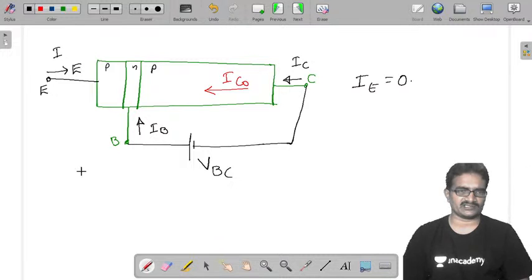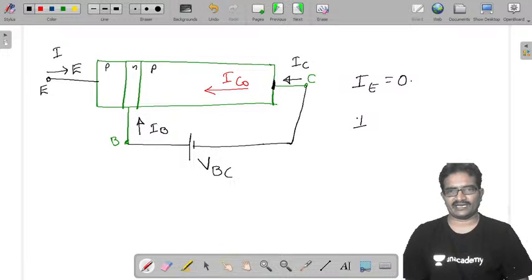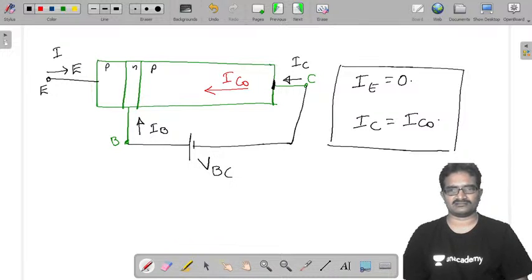The result of step 1 is emitter current is 0, and by applying KCL at this node, Ic is entering, Ic naught is leaving, so we can write Ic equals Ic naught.